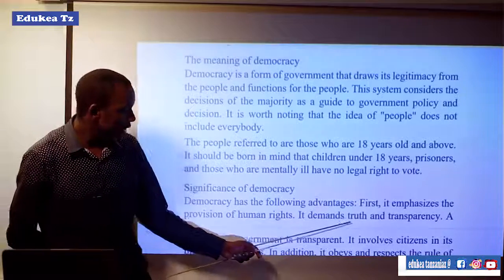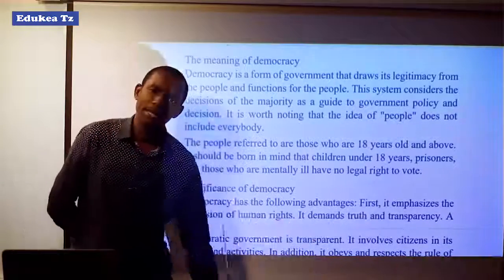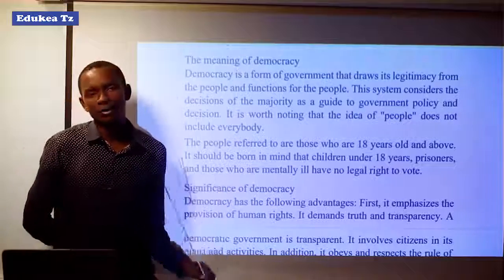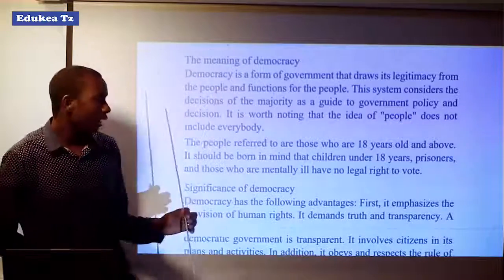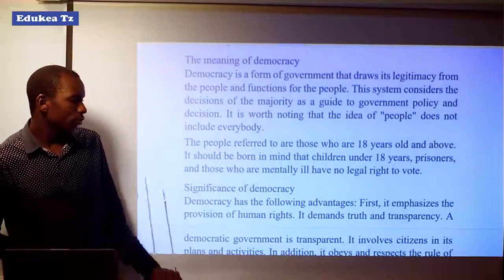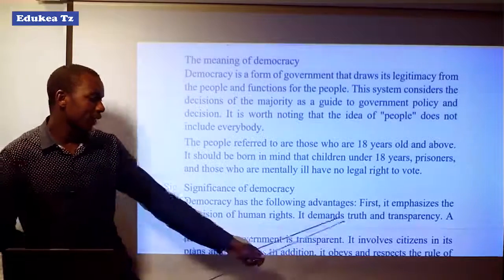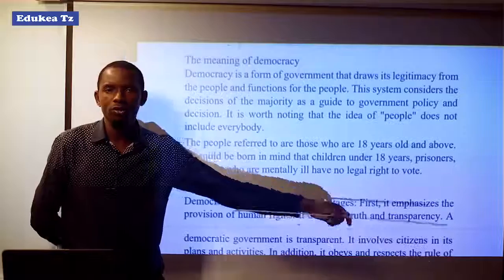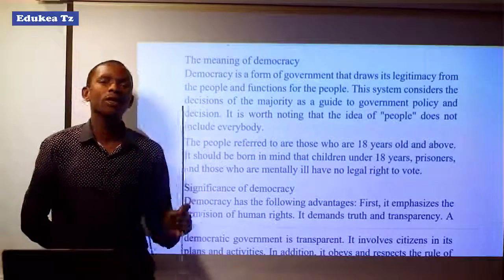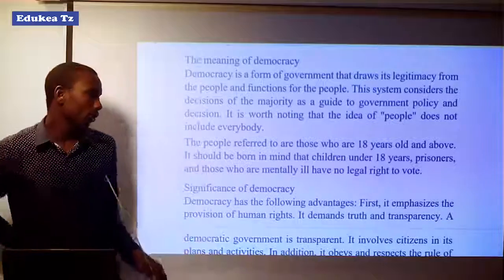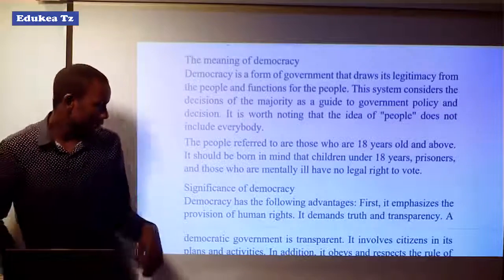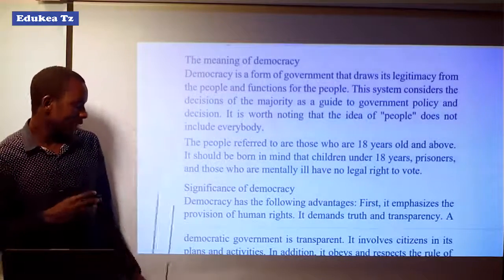Also, it demands truth and transparency. Every person, whether you are a leader or a citizen, has to observe truth and transparency. Don't hide anything, and don't do anything without involving other people. That is another importance of a democratic government.